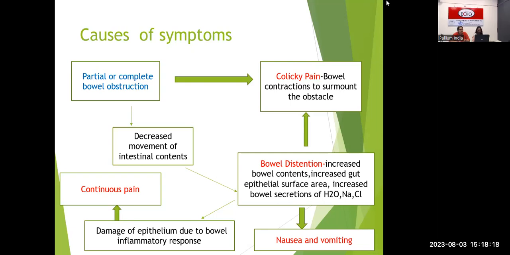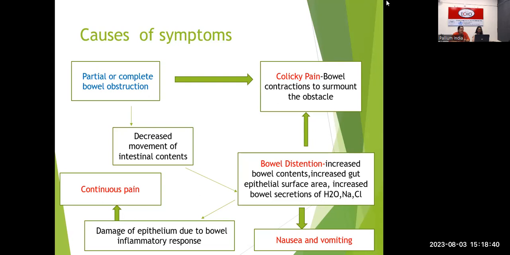This is very important because you should be able to identify it, because the treatment varies for partial obstruction and complete obstruction. That is why we are focusing on the symptoms, because the treatment is different for both. Understood? So for partial obstruction, there will be colicky type of pain.